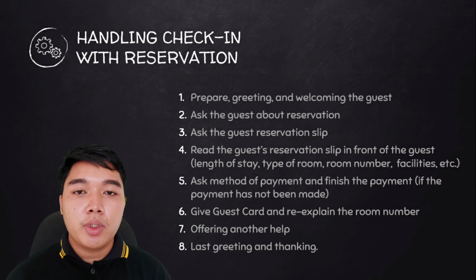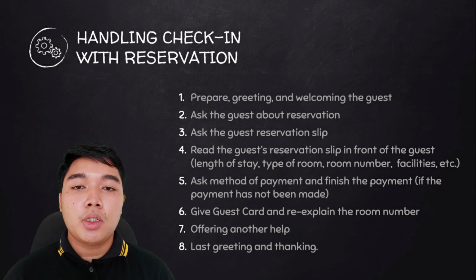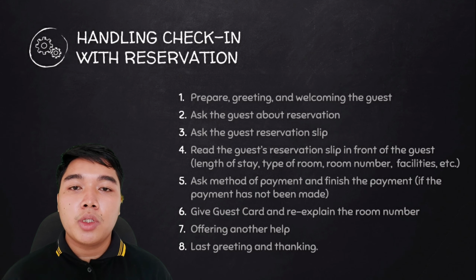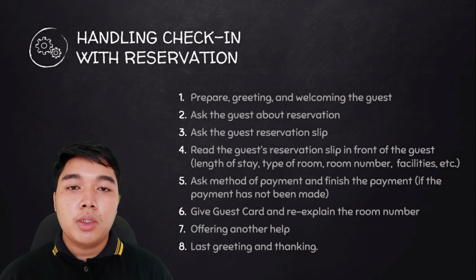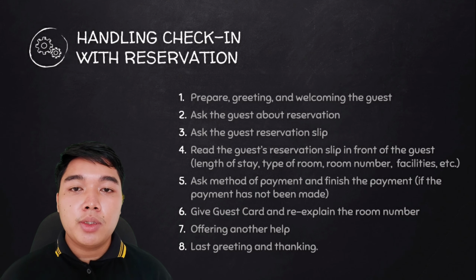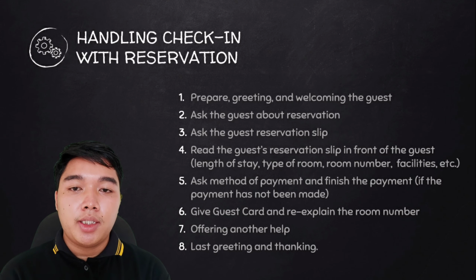The receptionist will say, okay, this is your key number, your payment is all done, we have already filled in your registration, so your room number is number 45 maybe, and this is the key.